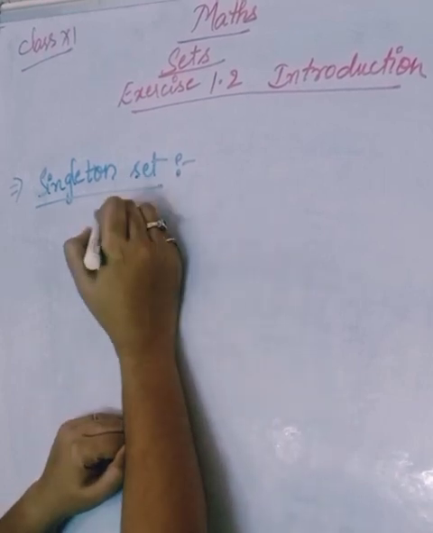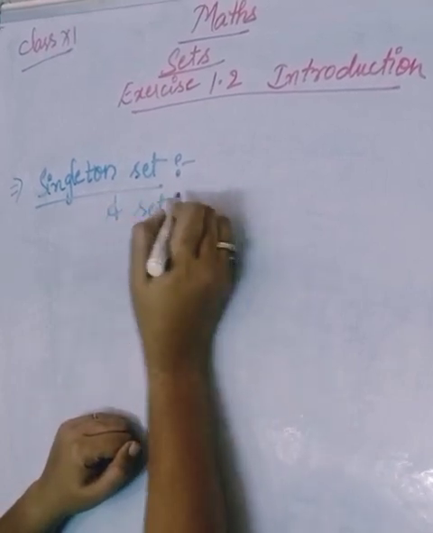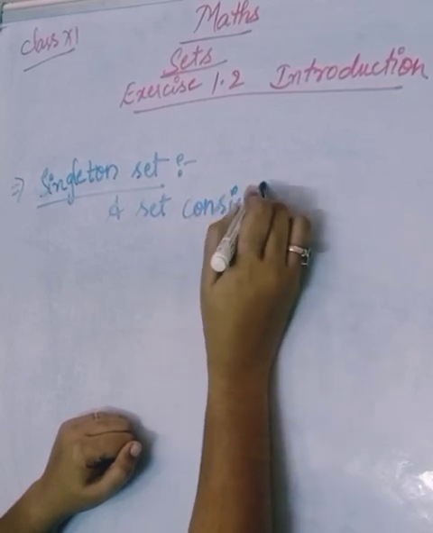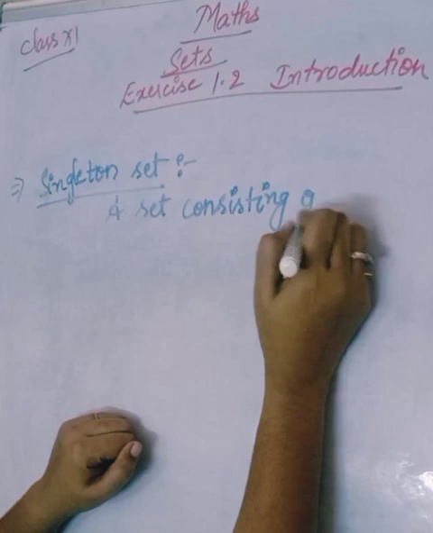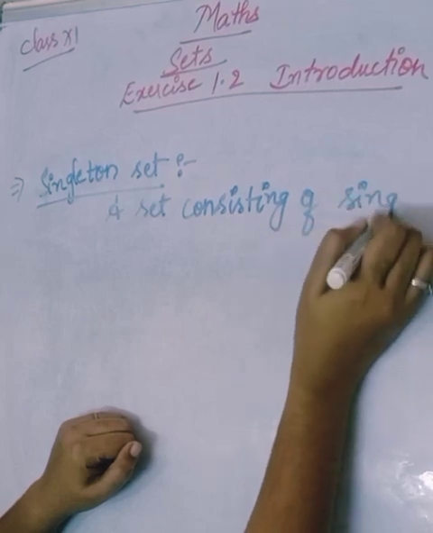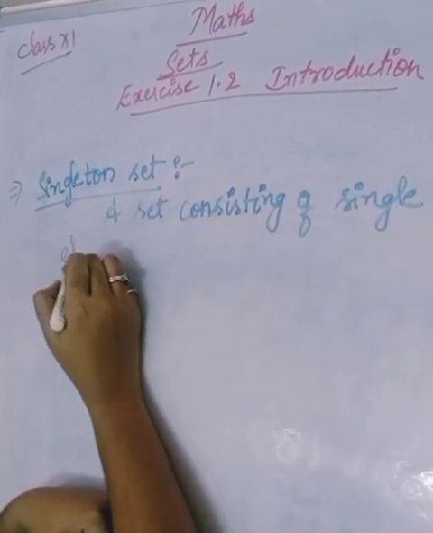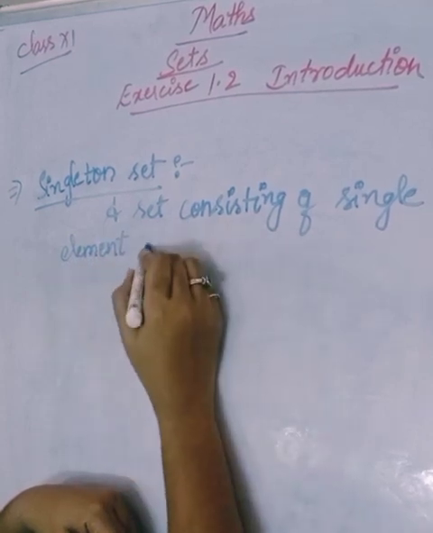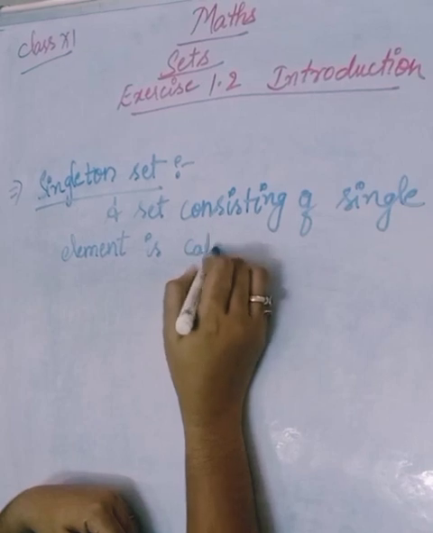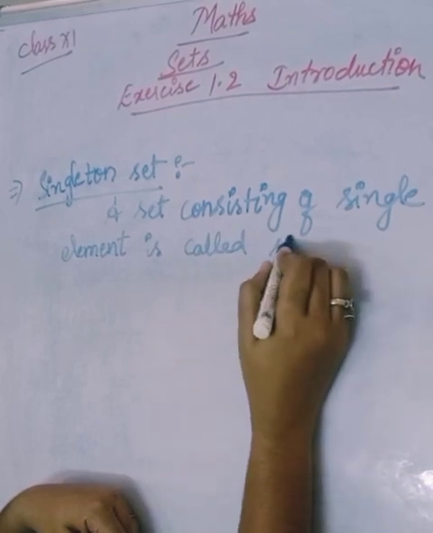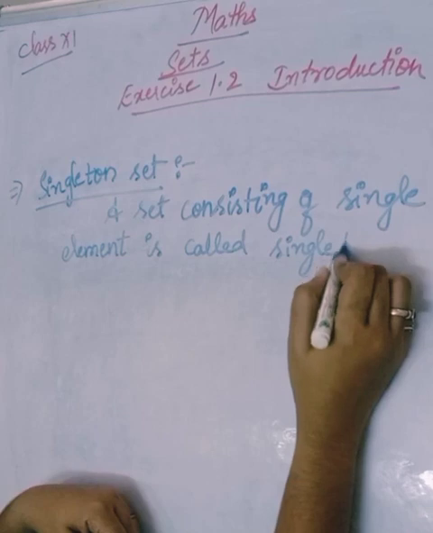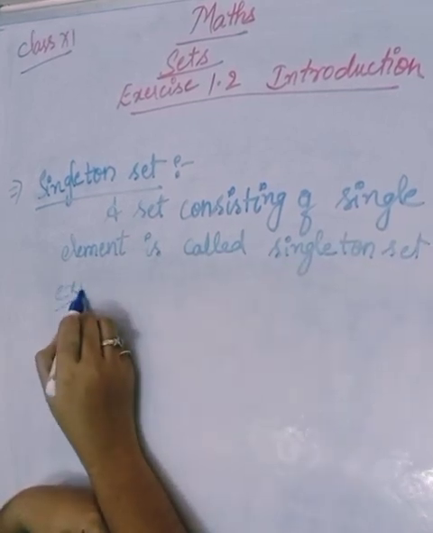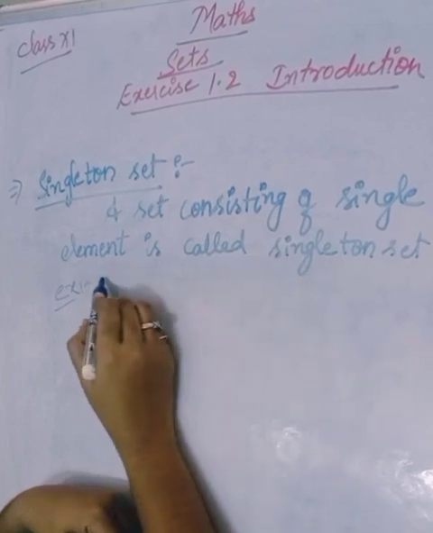The definition for this is: a set consisting of a single element. It may be an alphabet, otherwise it may be a number, anything, is called a singleton set.